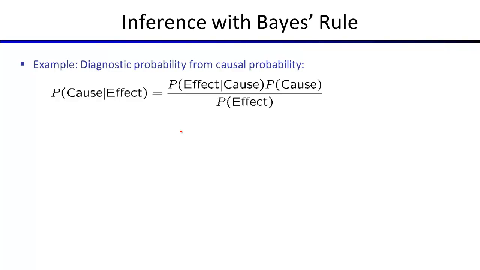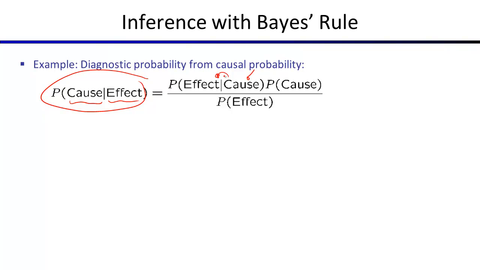Here's a typical example of how this works. You're often interested in finding out what the most likely cause is of some effect. But when you observe an effect, it's really hard to build a model that directly gives you this conditional over here. It's easier, either through physics considerations or through experimentation, to build a model of the type, given a cause, what is the distribution over possible effects?